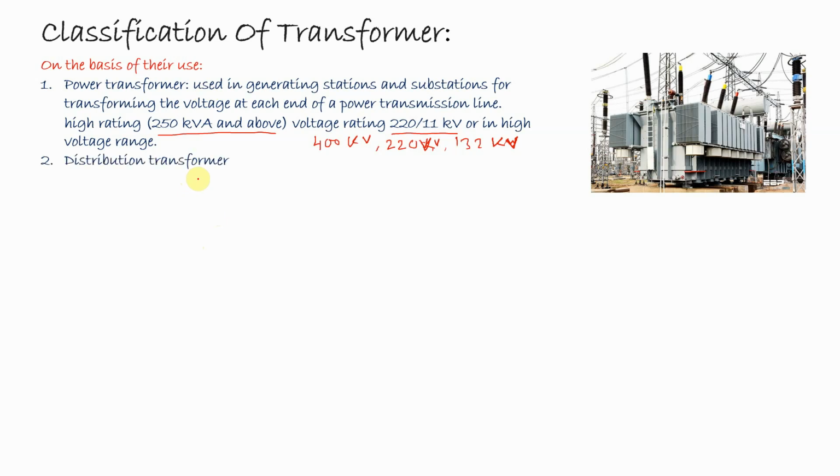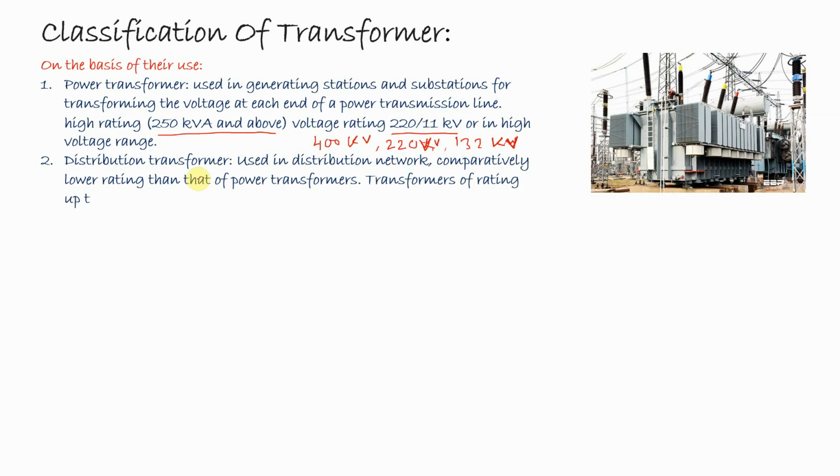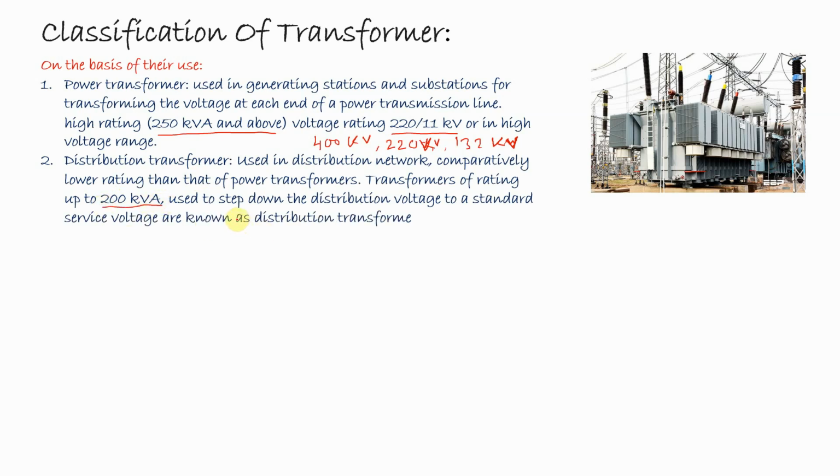The second type of the transformer is considered as a distribution transformer. It is used in the distribution network, with comparatively lower rating than the power transformer. The transformer rating is here up to 200 kVA. This type of transformer is basically used to distribute the power to the consumer, and it is always a step down transformer.